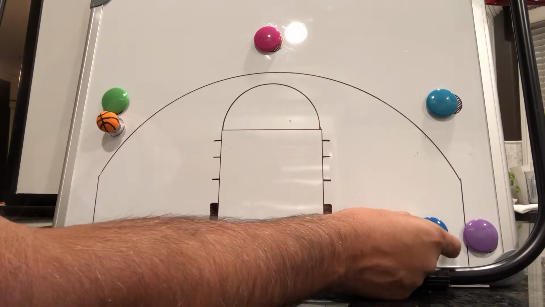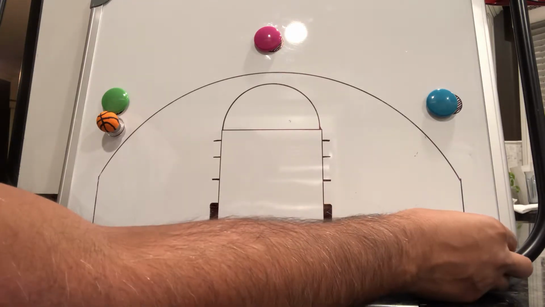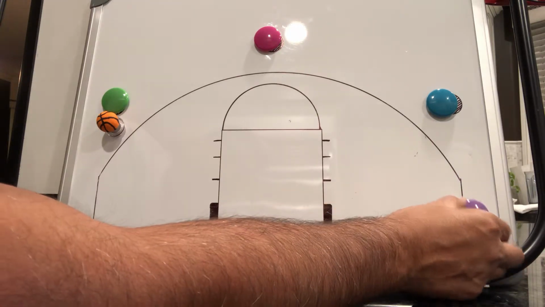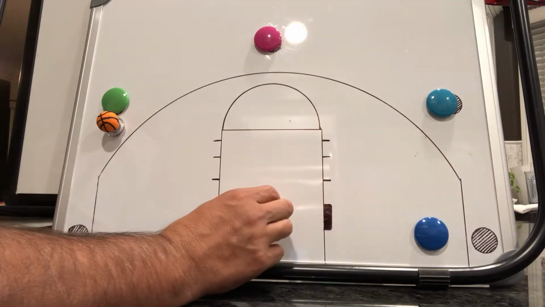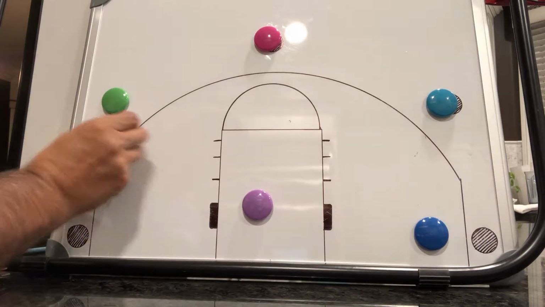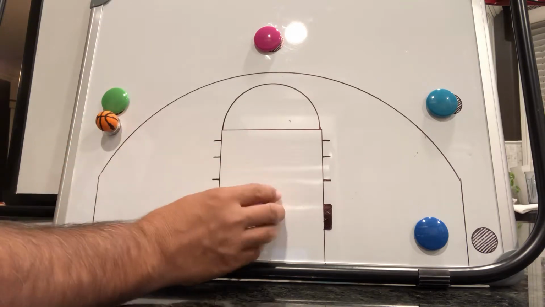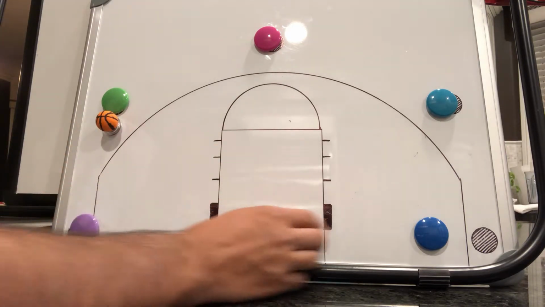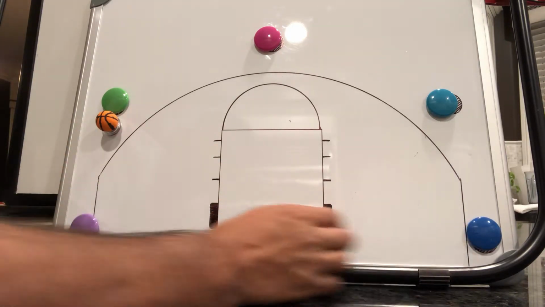So he jump stops on the back screen and Johnny knows the screen was coming. He waits for it and then he flares for the pass. If he's open, great. If he's not, he just fills the slot. Then Nico would replace Johnny's spot.